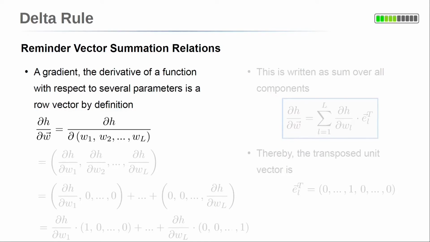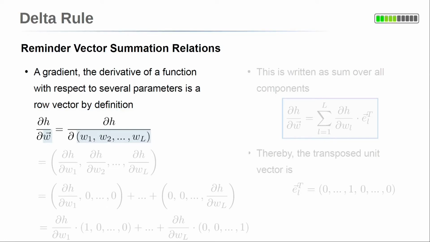A similar representation is obtained for a gradient. A gradient is the derivative of a function like the cost function h with respect to several variables or parameters w1, w2 up to w capital L. These parameters can be expressed as a vector w.